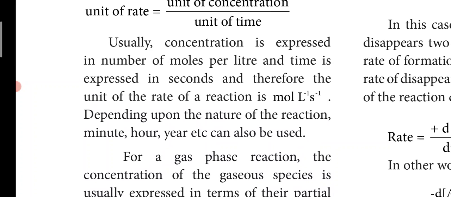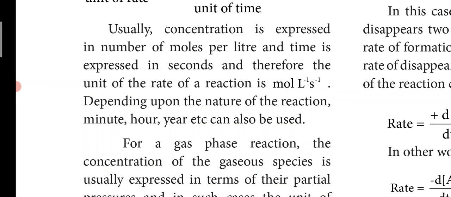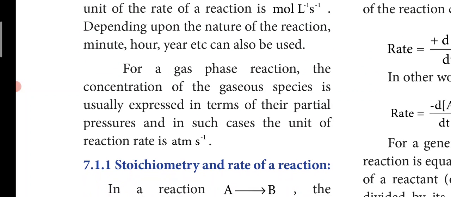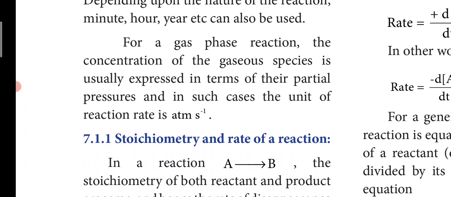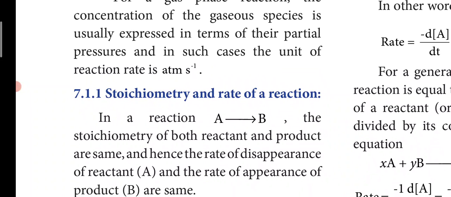For gas phase reactions, the concentration of the gaseous species is usually expressed in terms of partial pressure, and in such cases the unit of rate is atmosphere per second. We should not use mole per liter; when writing in partial pressure, you have to use atmosphere.